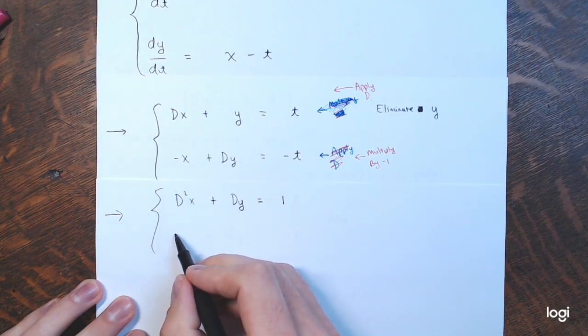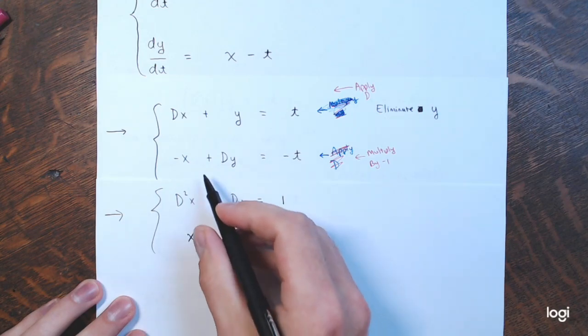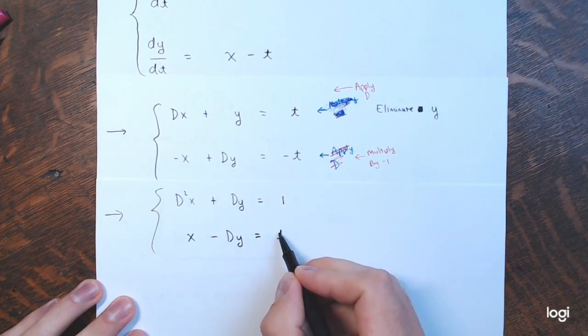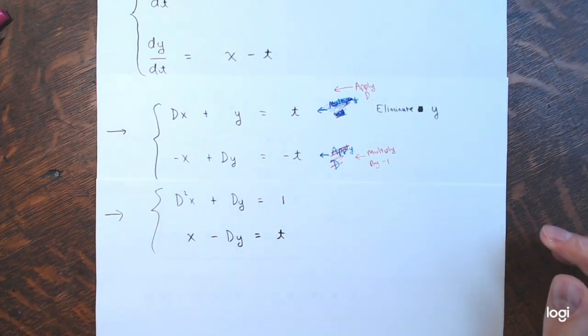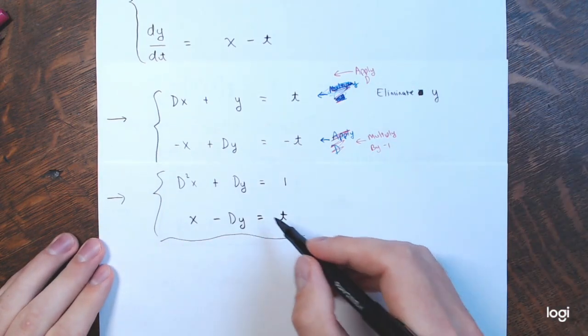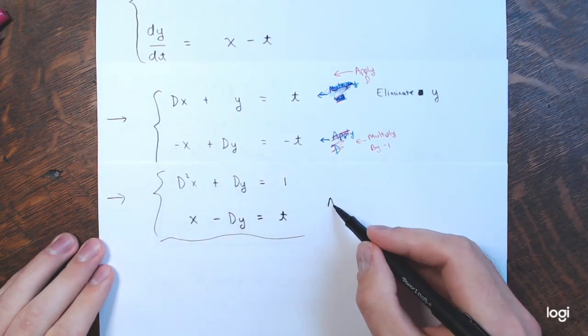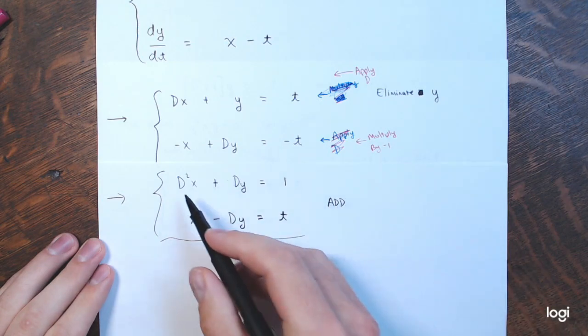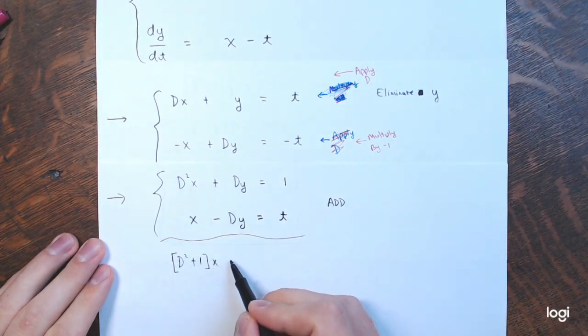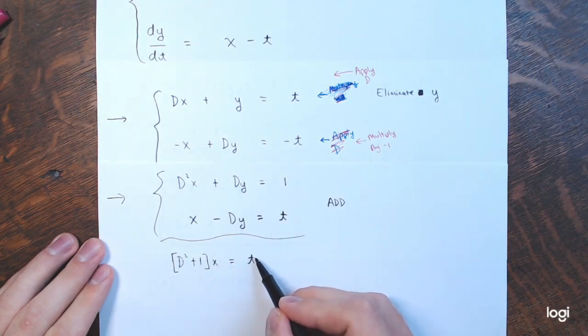Then we have times -1 down here, so x minus dy equals t. Now I've got the opposite operators on y's. We add the equations to eliminate y, and that gives me the following differential equation: d squared plus 1 operating on x equals t plus 1.